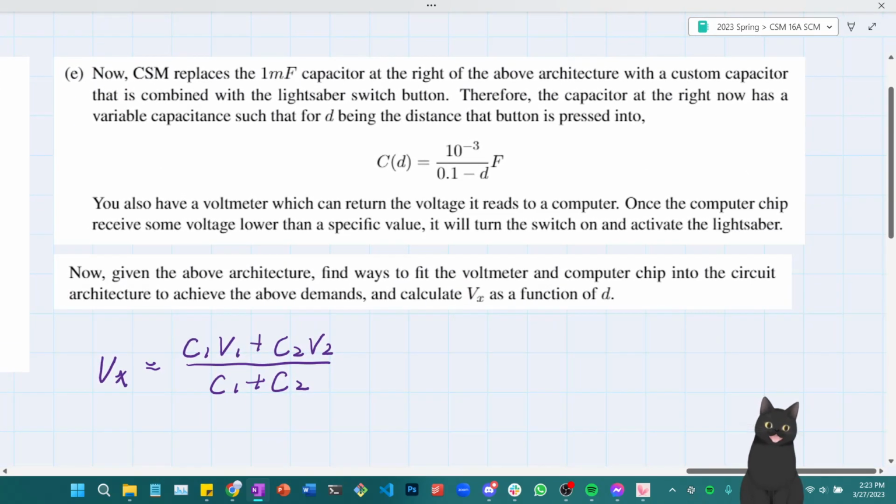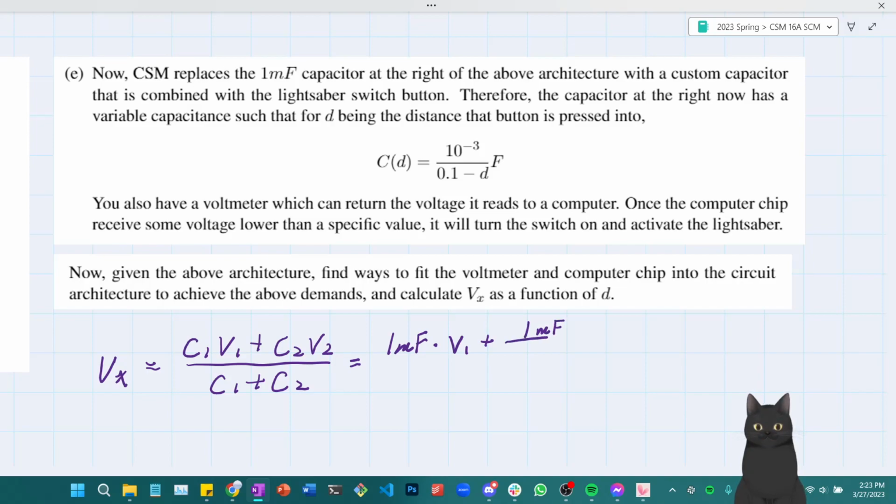And now I replace everything that says C2 with the variable function I have here. So Vx is equal to 1 mF times V1 plus 1 mF over (0.1 minus D) times V2.